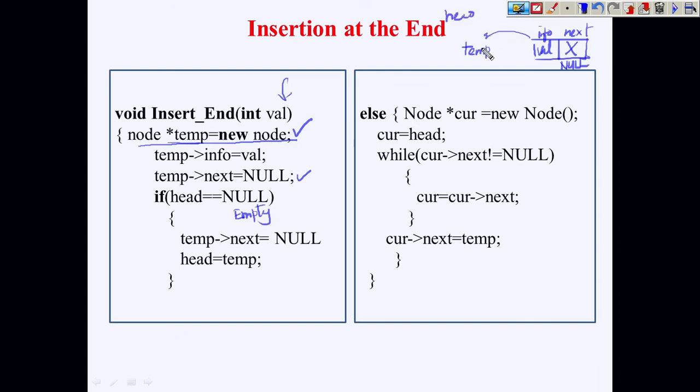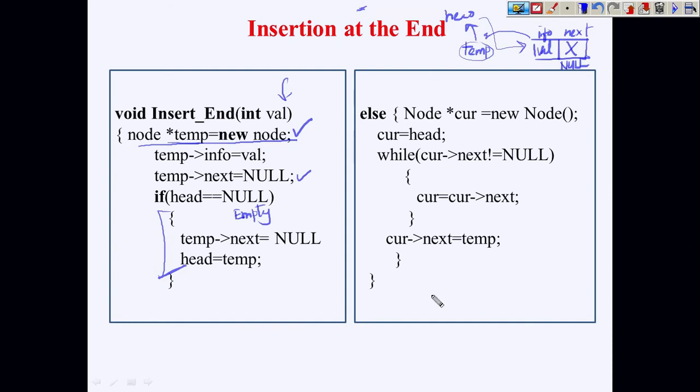Now we will assign the value of temp to head, so that head is now pointing to this node, and it is the only node, the first node we have added. So when the list is empty, inserting any node is treated in the same way. You can say it is inserted at the front or at the last, it is the only node. So the same logic works in both cases.